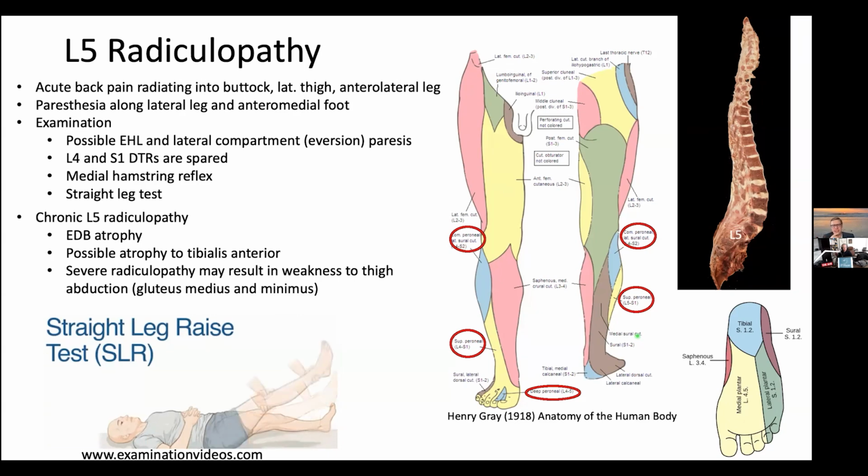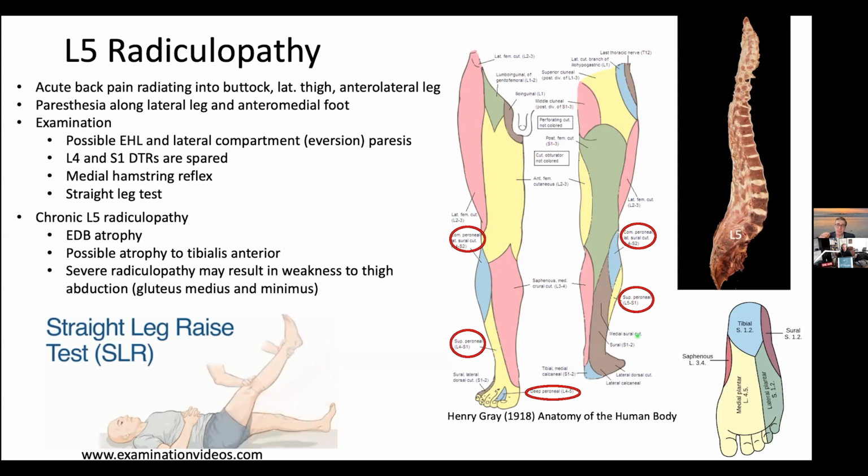Less commonly, they may also have weakness to inversion and digital extension, as well as ankle dorsiflexion. In chronic cases, you might start to see some atrophy here, especially in the extensor digitorum brevis and possibly the tibialis anterior. They may even have weakness to thigh abduction.